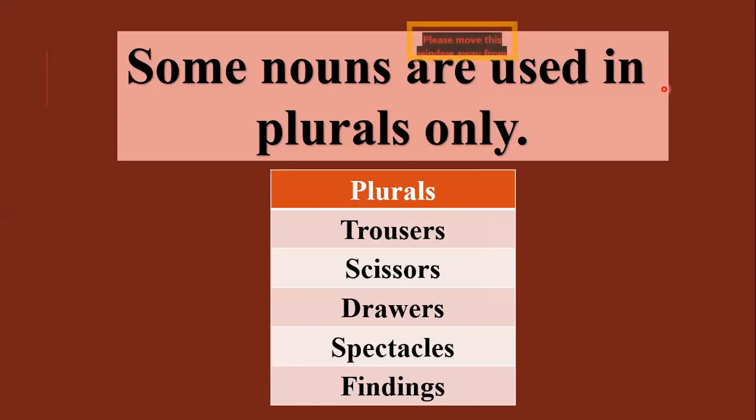Similarly, species: there are thousands of species of fishes in the ocean. Species stays species. And then again, deer, the animal deer. There are many deer in the jungle. You won't write there are many deers in the jungle. Deer is a singular and a plural. The word does not change.